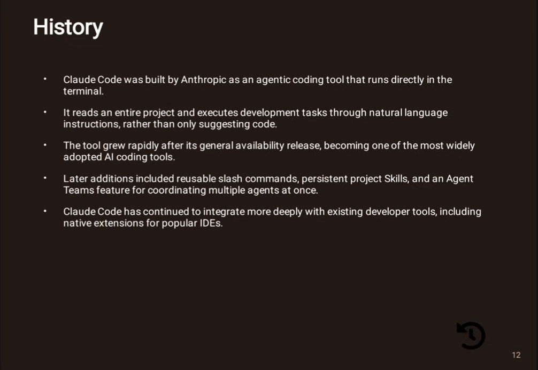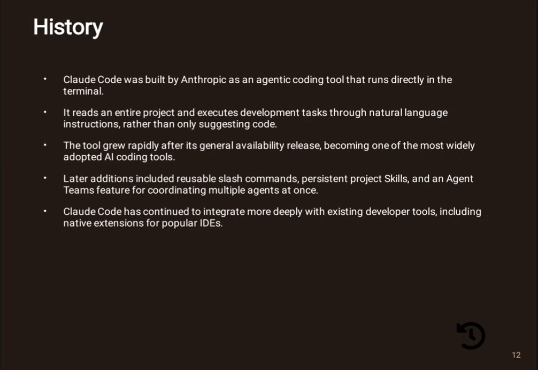History: Claude Code was built by Anthropic as an agentic coding tool that runs directly in the terminal. It reads an entire project and executes development tasks through natural language instructions rather than only suggesting code. The tool grew rapidly after its general availability release, becoming one of the most widely adopted AI coding tools.